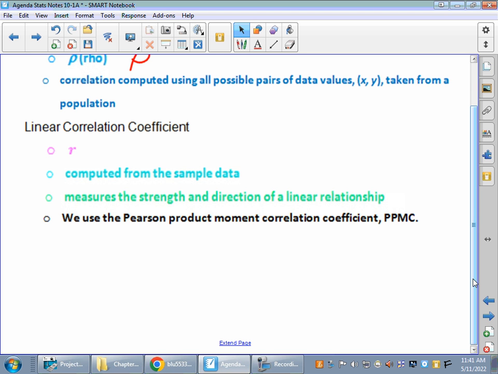So we're technically using the Pearson product moment correlation coefficient, the PPMC. Don't worry about that. We're just going to know how to compute our R, or our linear correlation coefficient. R is from the sample, rho is from the population.